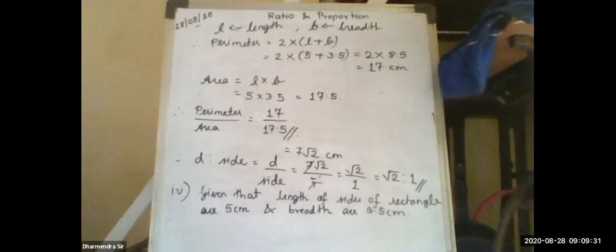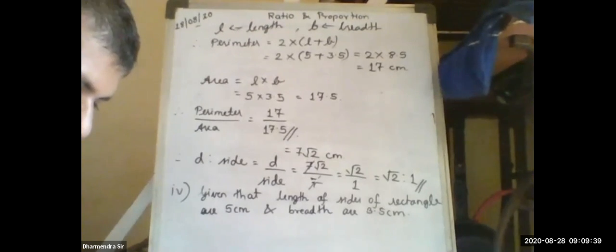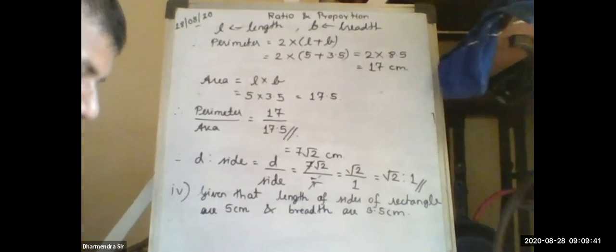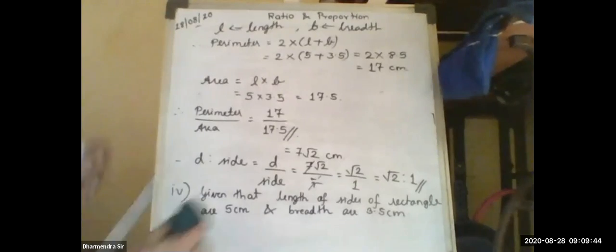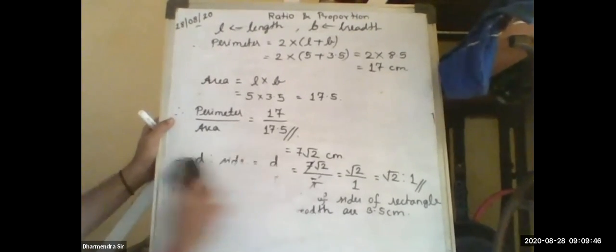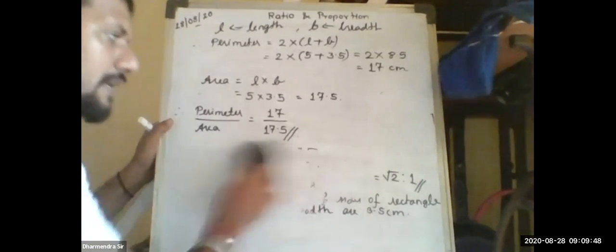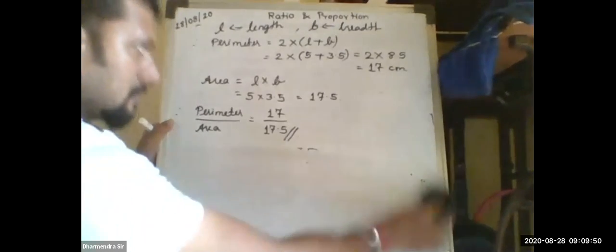Now, the comparison of ratios, problems based on comparison of ratios, are included with the problems of the type surds. So question number 3 first. As we have done the concept earlier, no need to worry.